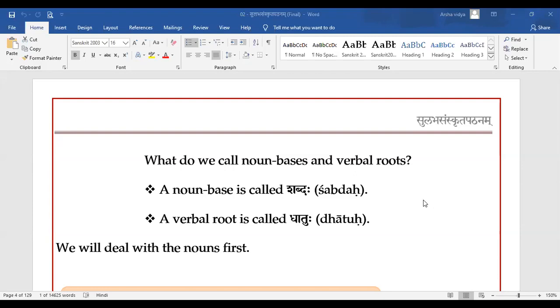How do you refine it? That is done by adding suffix. A lot of suffixes are there. So, to a Shabda, you add a suffix, you get Namapadam. Similarly, to a Dhatu, you add a suffix, it becomes Kriyapadam. So, by adding suffixes, they all become refined.